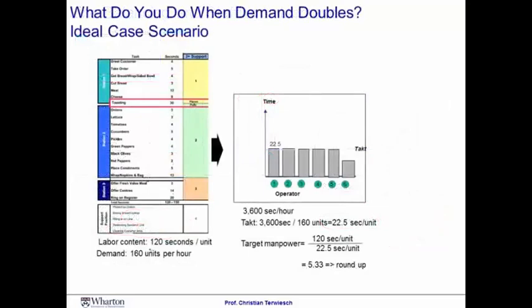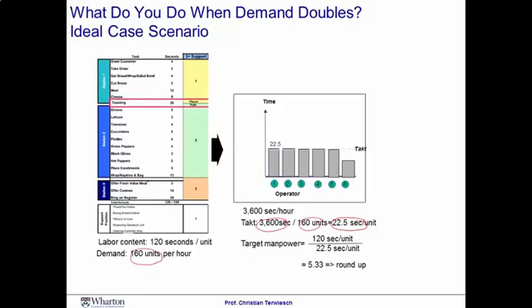Now imagine that demand picks up to 160 customers per hour. The takt time changes. We now have to divide 3,600 seconds in an hour divided by 160 units per hour equals a new takt time of 22.5 seconds. So instead of serving a customer every 45 seconds, we're serving a customer every 22.5 seconds.